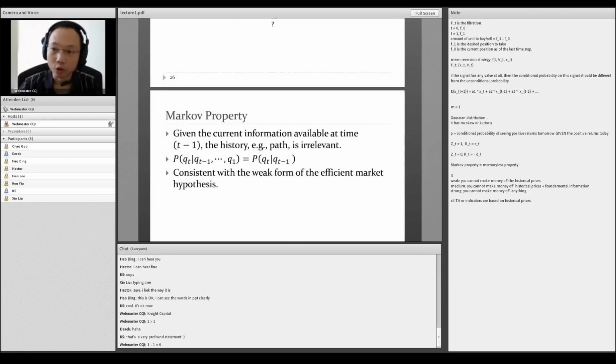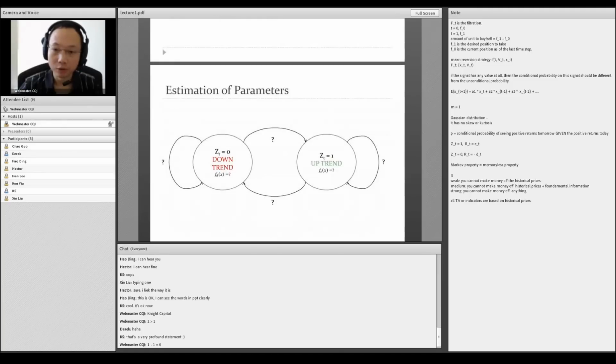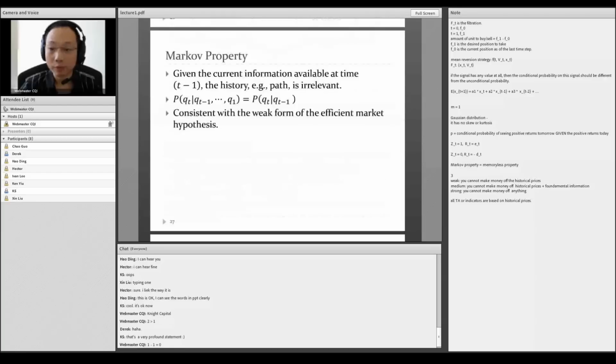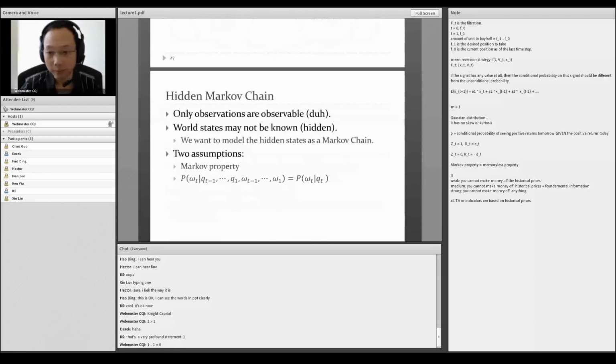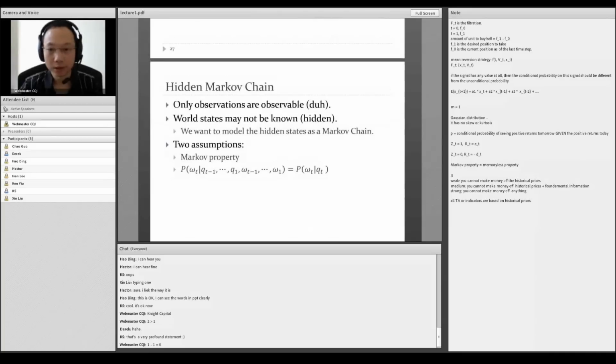So the p, the q, the alpha, the lambda, we do not know. But what we can observe are the observables, which in this case are the prices. So basically, from the prices, from the observables, we need to infer or estimate what the unknown parameters are. What we know are the prices and the states.